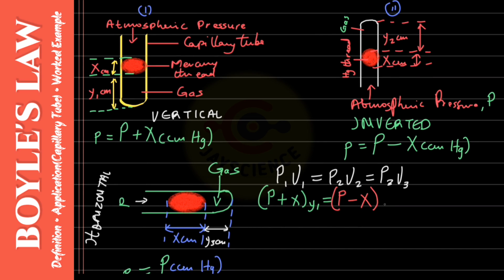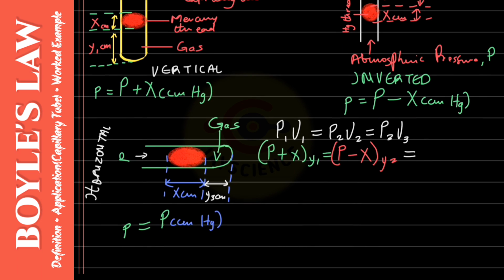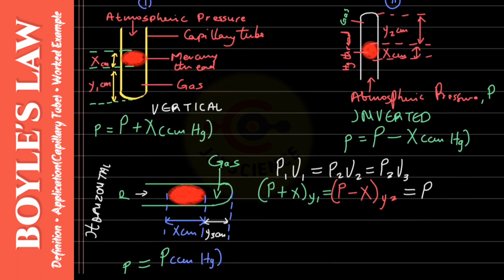That's the pressure of the inverted tube multiplied by the volume, which is Y2 centimeters. So the pressure of the horizontal is P, that's the atmospheric pressure, multiplied by the volume for the horizontal, that's Y3. So the expression you have on your screen right now is the general equation.